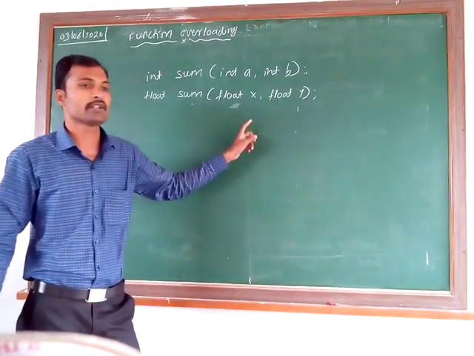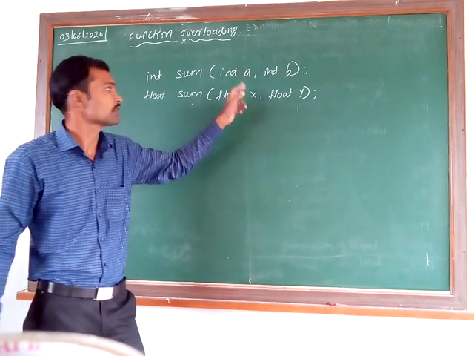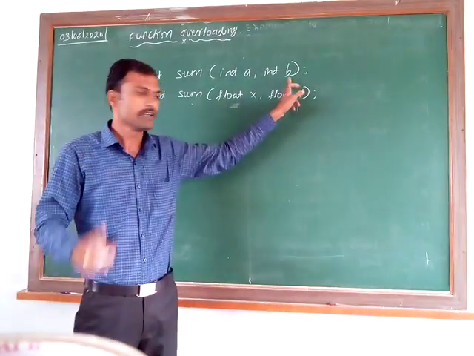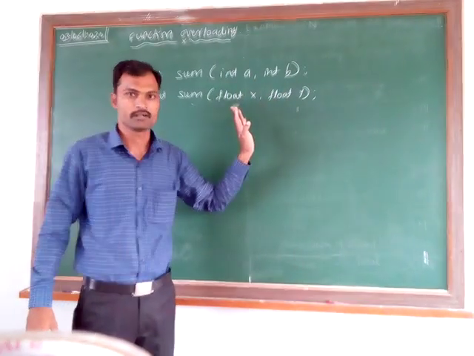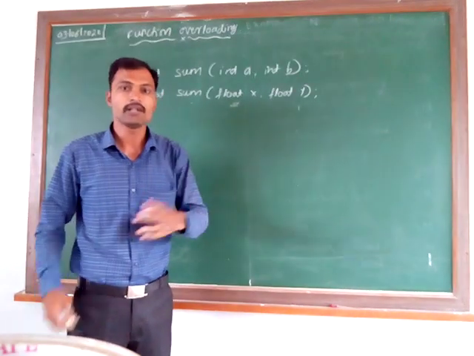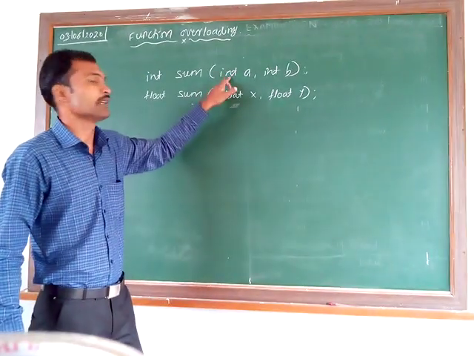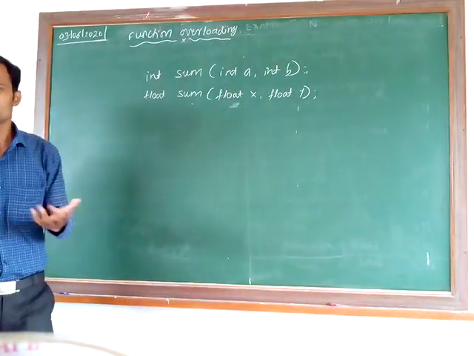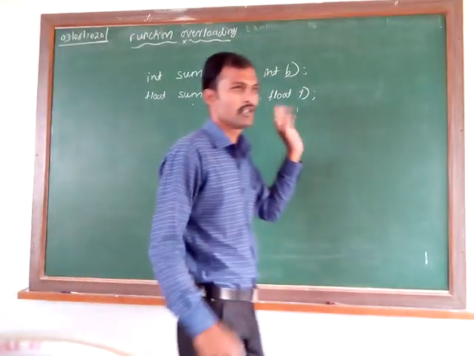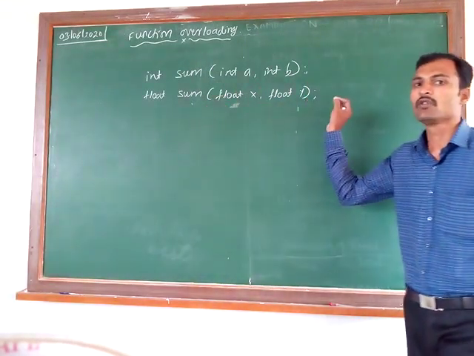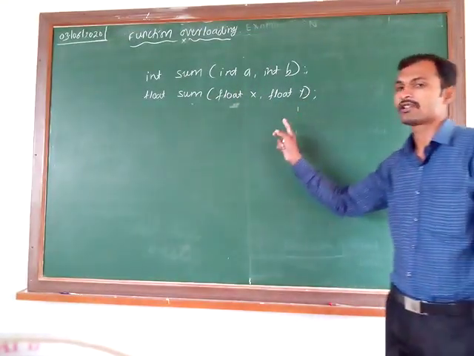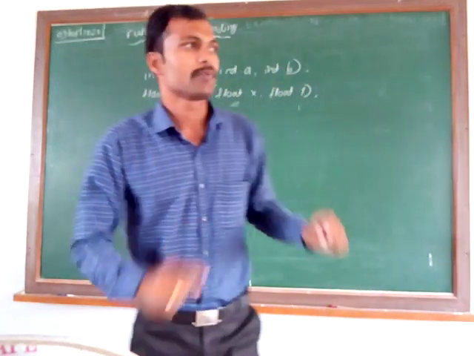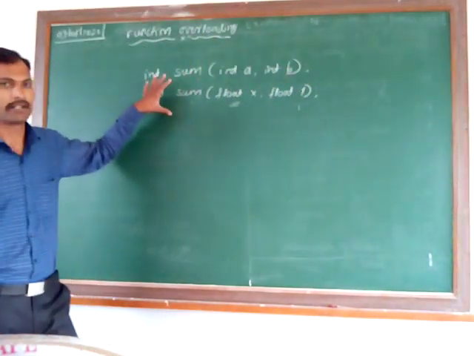Both these functions have the same number of arguments: the first has two arguments, the second also has two. The number of arguments is the same, but the types differ. The first has int type, the second has float. So changes are there, and you can call it function overloading, because the definition is satisfied here.